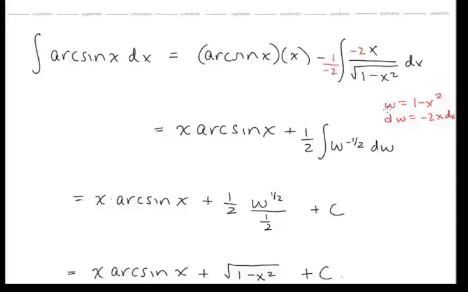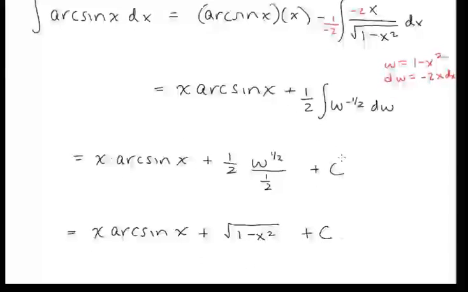Let w be 1 minus x squared, then dw is negative 2x dx. I need a negative 2 here, a negative 1/2 outside, and we're here. So we take the antiderivative and we're here. These 1/2s cancel. We replace back in terms of x, and that's our solution.